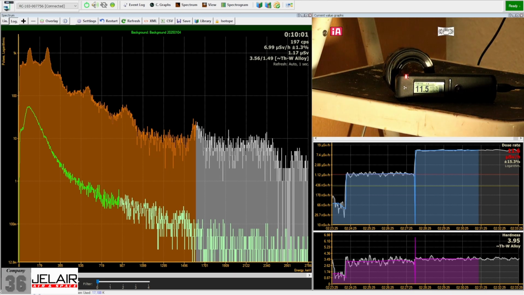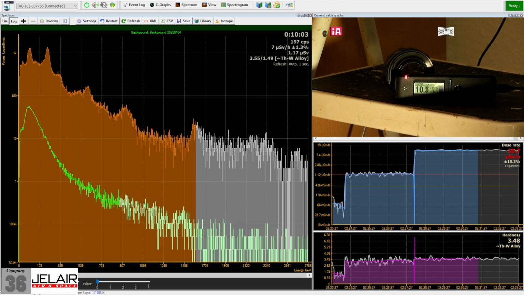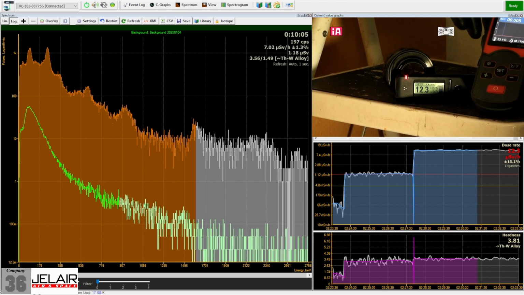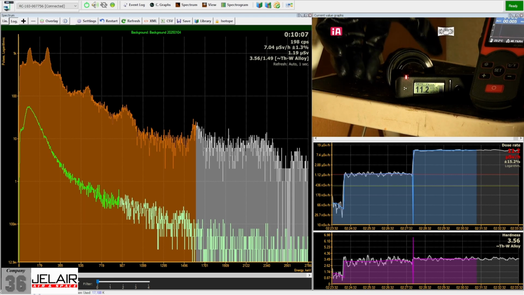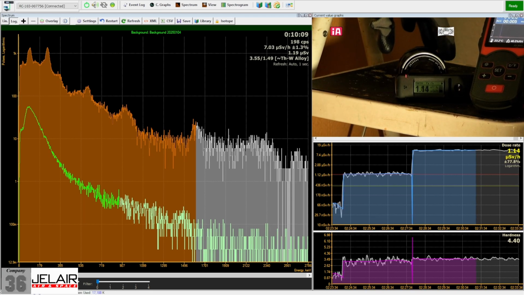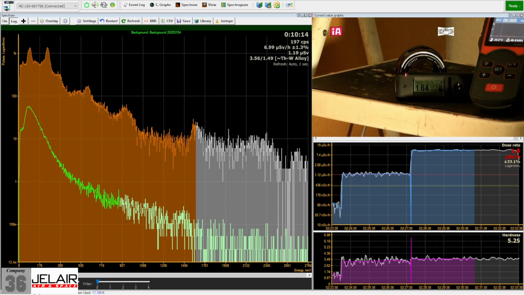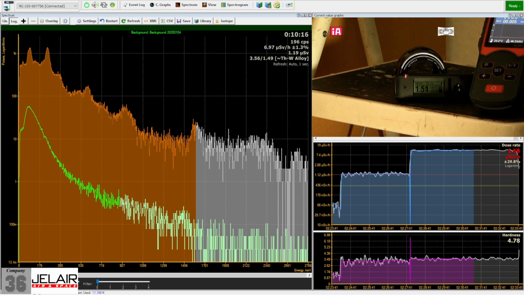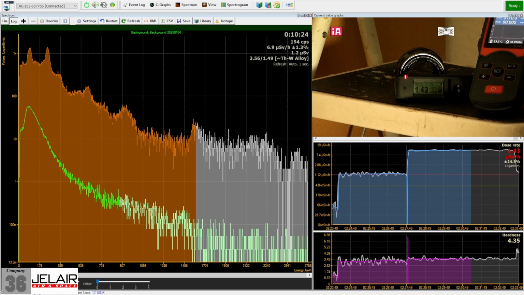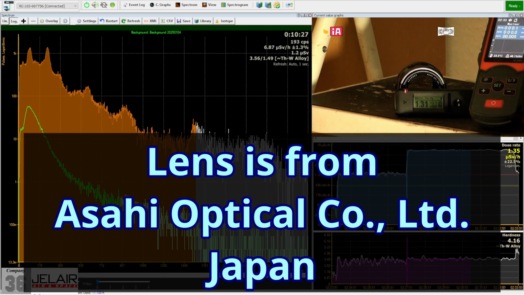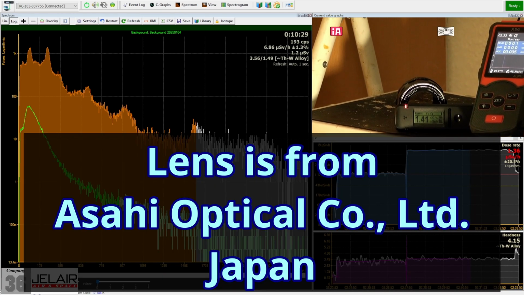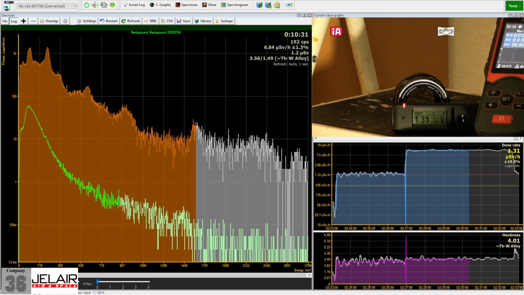You can see the orange part of the spectrum has grown all the way up to almost 1700 kiloelectronvolts, which means that the orange part is the statistically significant part. Now I changed the lens so that the front element is pointing towards the Radiacode. You can see how the radiation dropped significantly. So this is the front element.